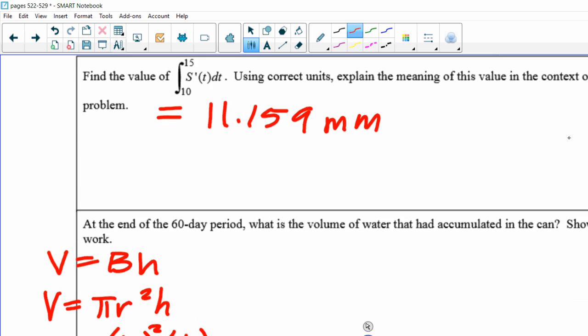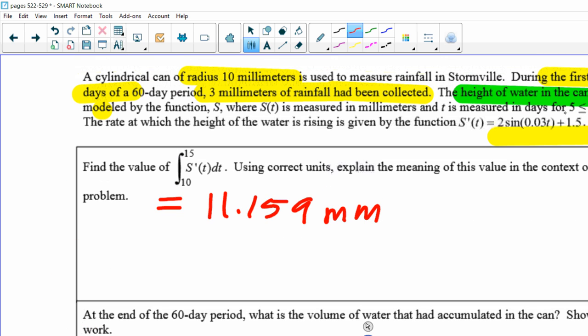Now, when I integrate, that formula is only for those days. What do I do about the first 5? This S prime of t, t is measured in days for 5 to 60.